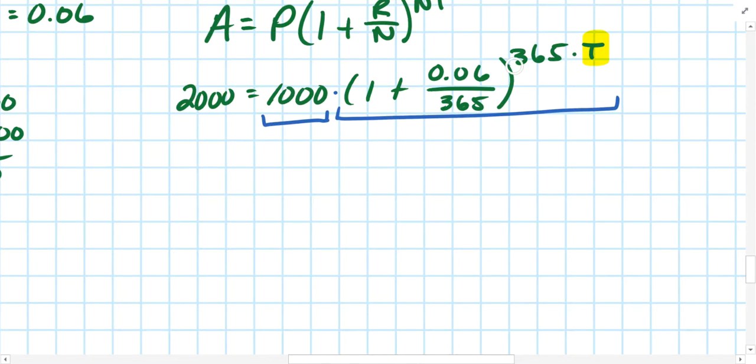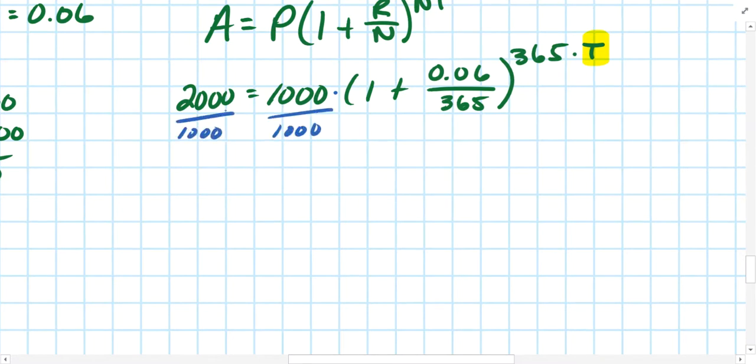And this whole group would be simplified before the multiplication because it contains an exponent. We can't simplify it right now because of that exponent, but I do want to point out that we can strip away this number 1,000 and we can move it to the other side of the equation by dividing both sides by 1,000. And what you'll end up with on the left-hand side is the number 2.